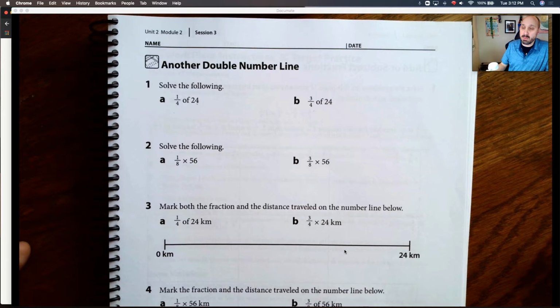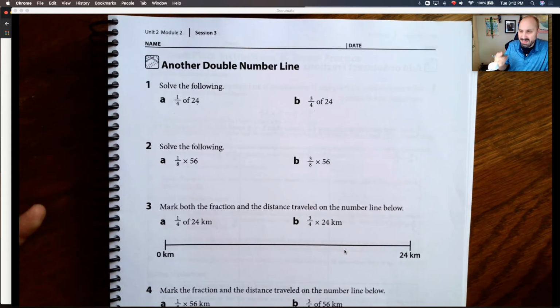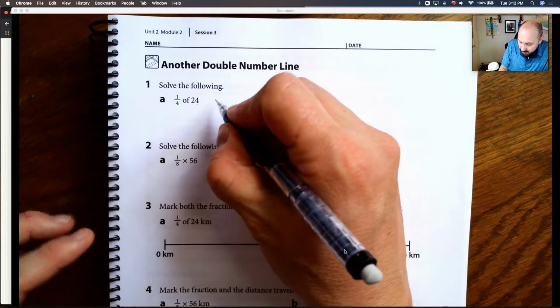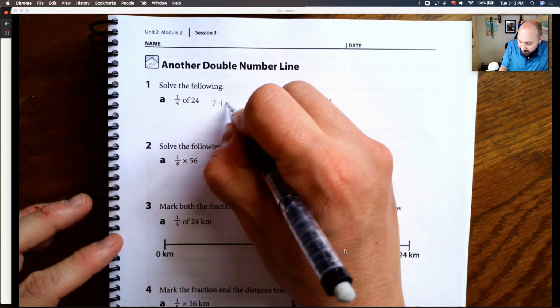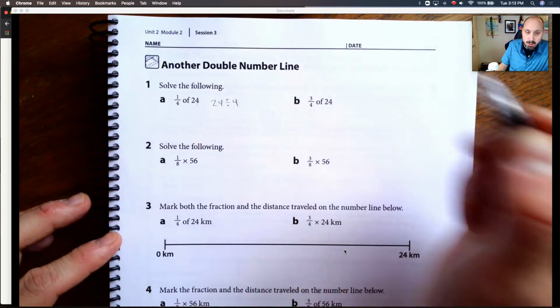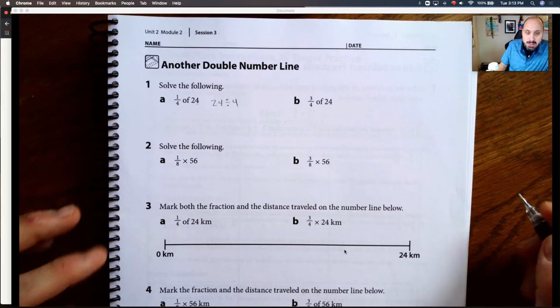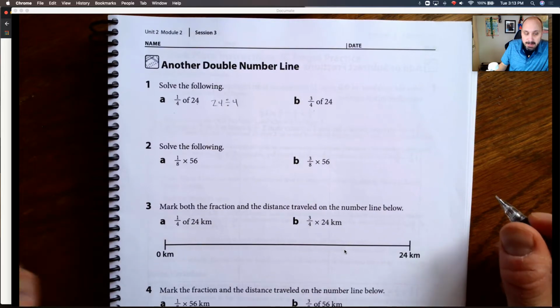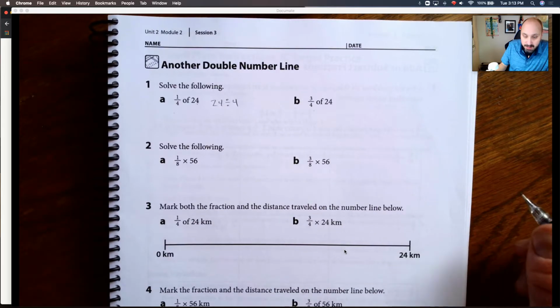If we break 24 into four equal parts, how much would each part be? And if I think about it that way, I realize that all I'm doing really is dividing 24 by 4. Okay? So 24 divided by 4 will give me our fourths, each fourth.